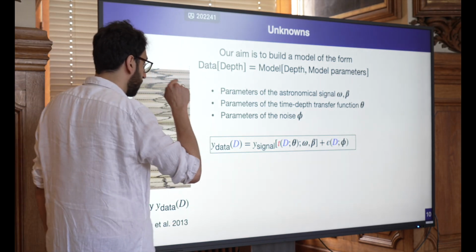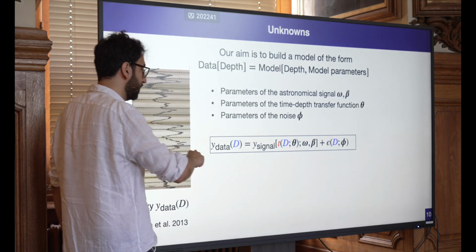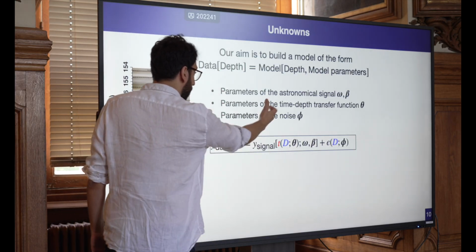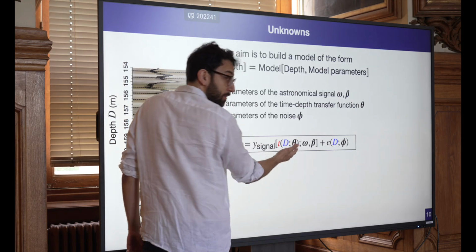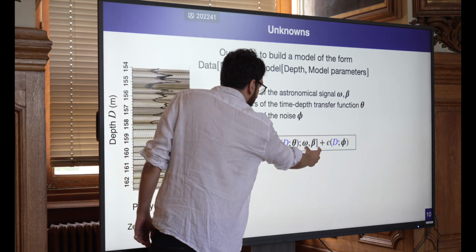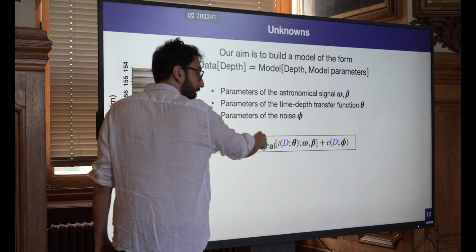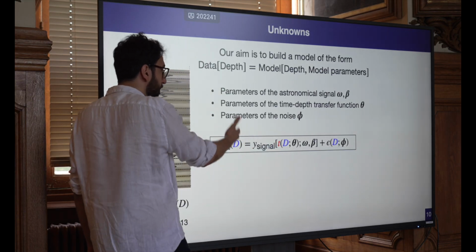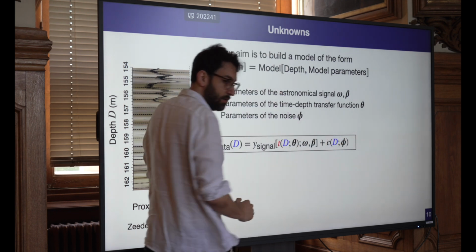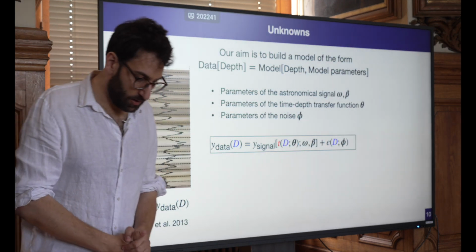So now we will include these parameters in our definition. The parameters of the time depth transfer function are in the time depth transfer function. The parameters of the astronomical signal parameterize the signal you're trying to retrieve. And the parameters of the noise are parameters of this additional uncertainty you have on your data.